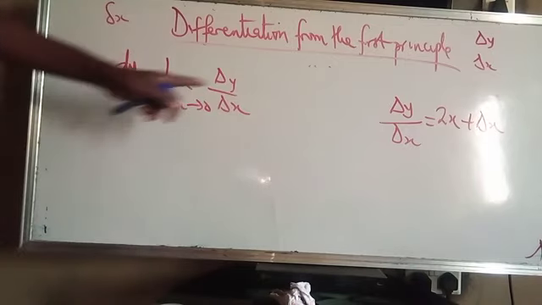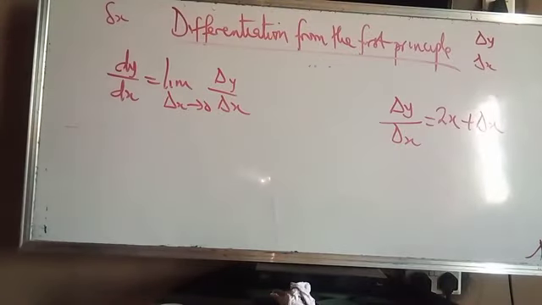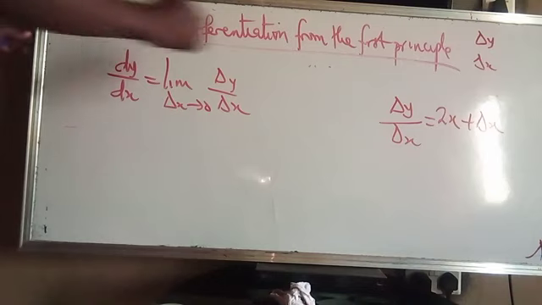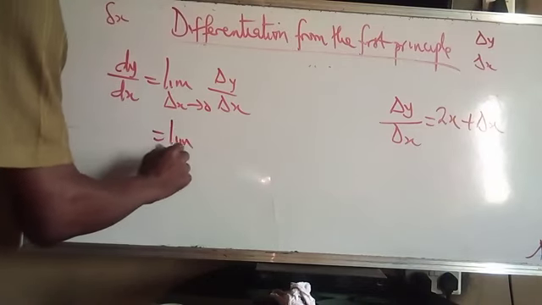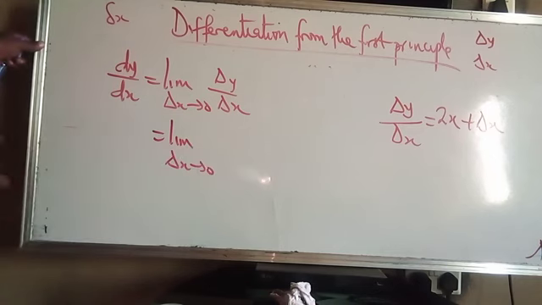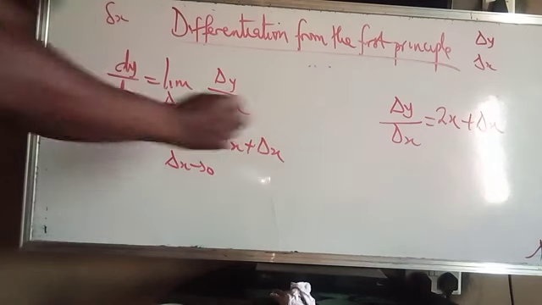By the time you find the limit of this rate, then you are looking for dy/dx. Which implies the limit as delta x tends to 0, that is change in x tends to 0, of 2x plus change in x.